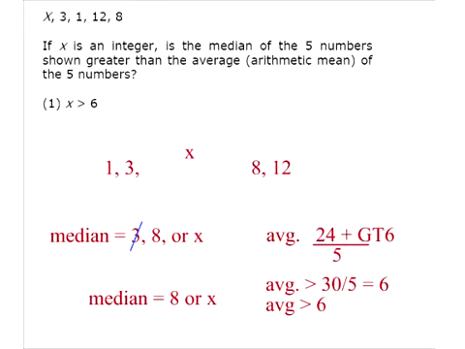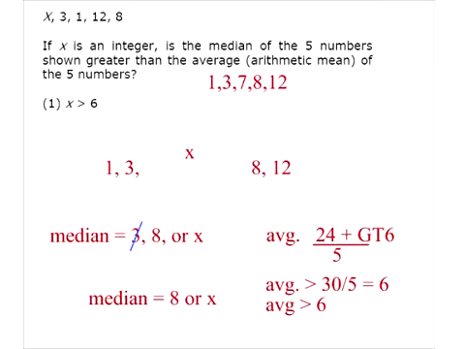But it still seems very possible to get either answer. A lot of times when you're trying to say that something's insufficient, it's sort of hard to convince yourself unless you just provide some numbers. So we could think to ourselves, what if I just make x pretty small? 1, 3, 7, 8, and 12.